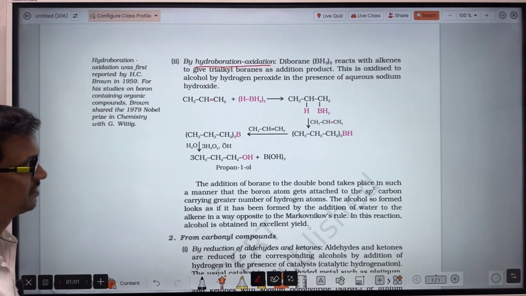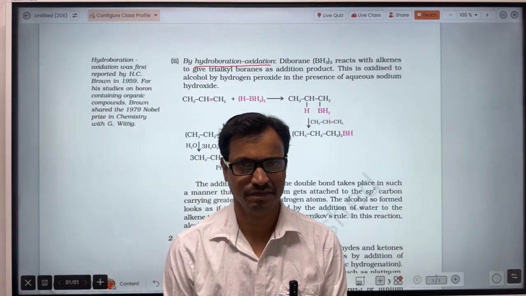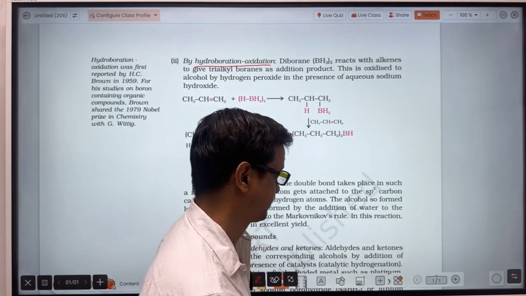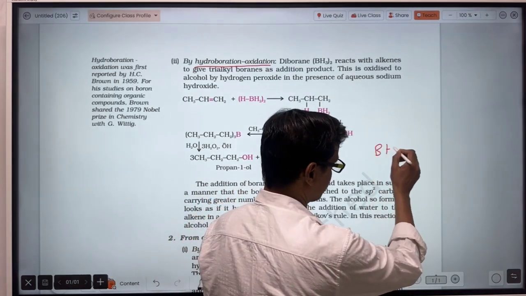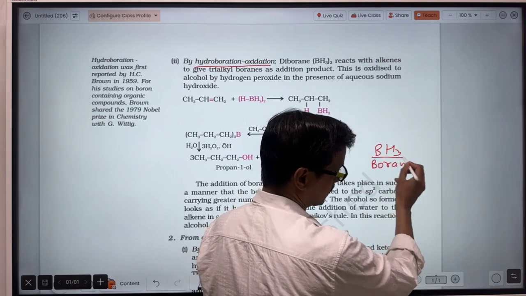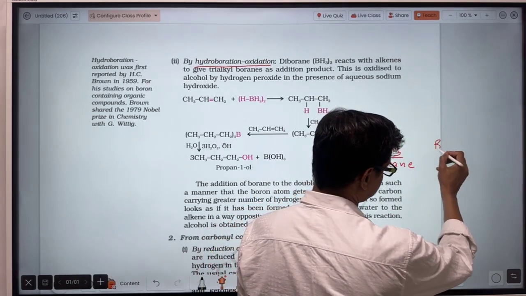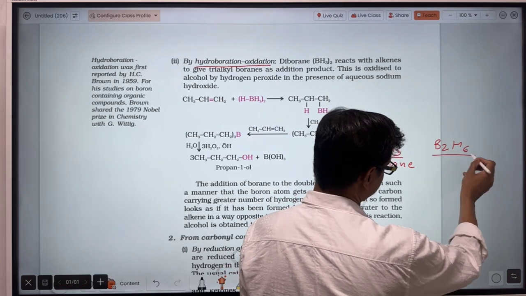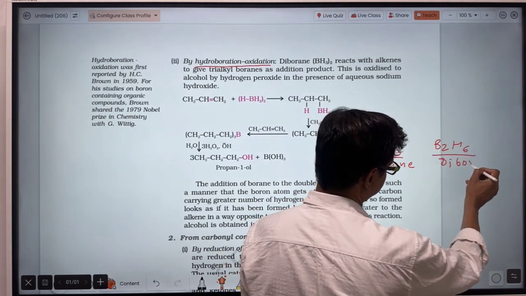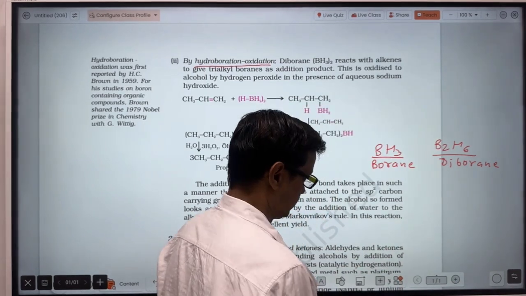Hydroboration means borane. BH3 is called borane, and the dimer of this borane, B2H6, is called diborane. Let's see the structure of diborane.